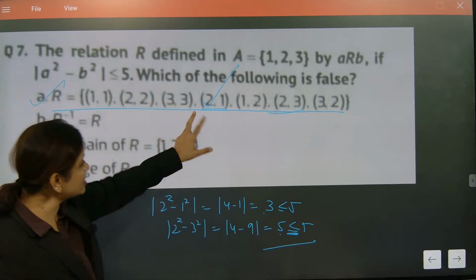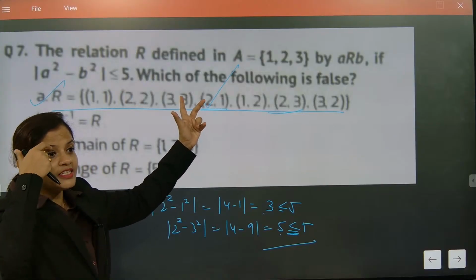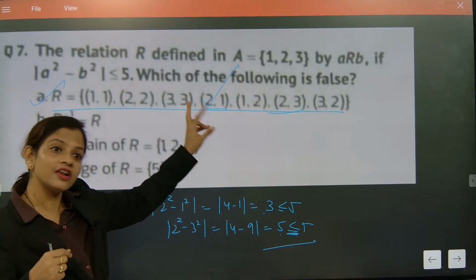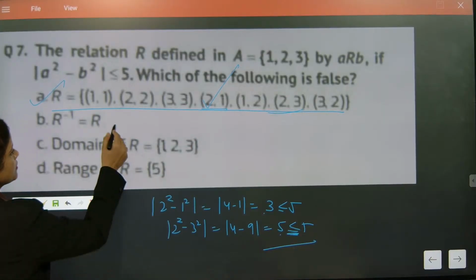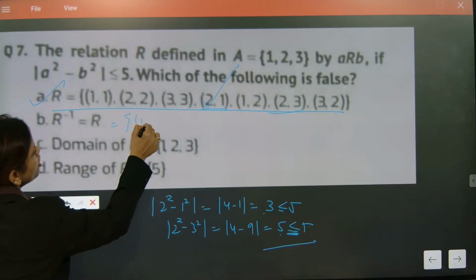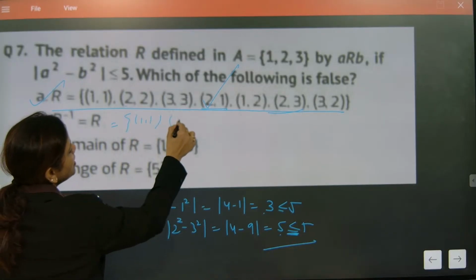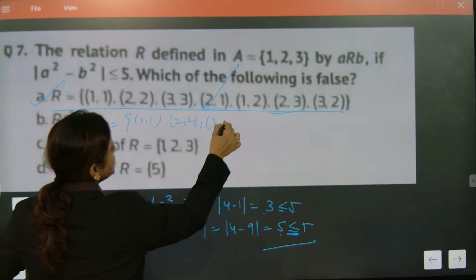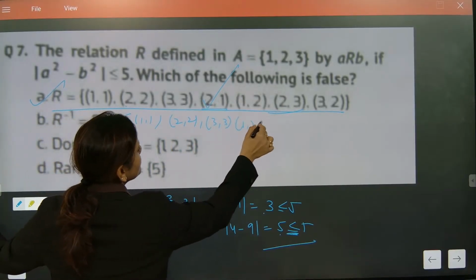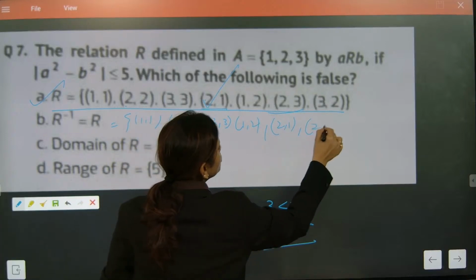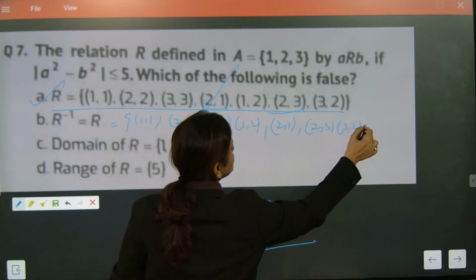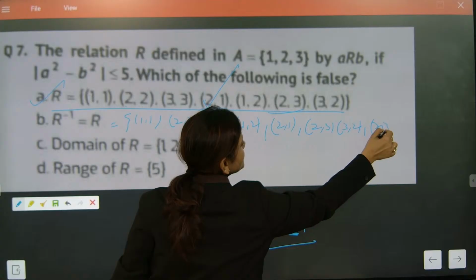If we reverse the order also, listen nicely, beta, Santosh. If we reverse the order also, what is R inverse? R inverse means 1 comma 1 coming, 2 comma 2 coming, 3 comma 3 coming. Here 2 1 will become 1 2, 1 2 will become 2 1, 2 3 will become 3 2, 3 2 will become 2 3.